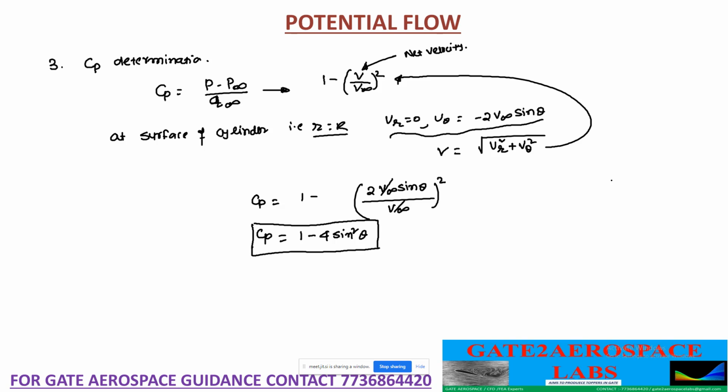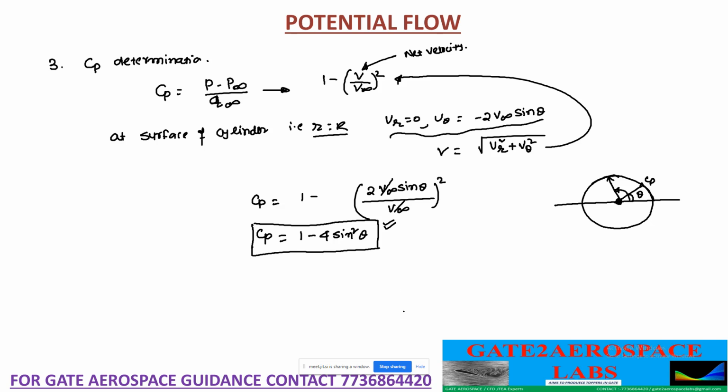If this is my cylinder and this is my origin, how does Cp vary along theta? For a particular value of theta at the surface of the cylinder, what is the value of Cp? Just insert the value of theta for different points on this cylinder. You will get the value of Cp. Correct?